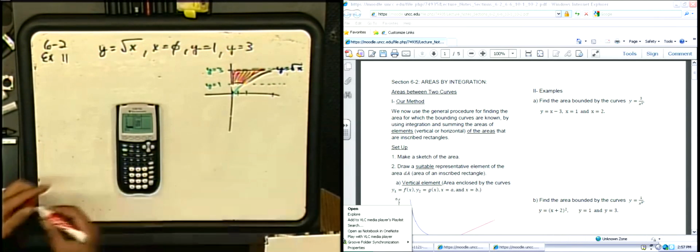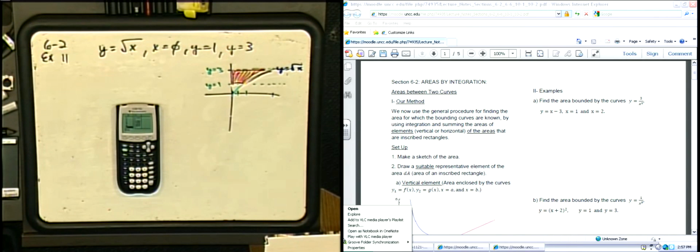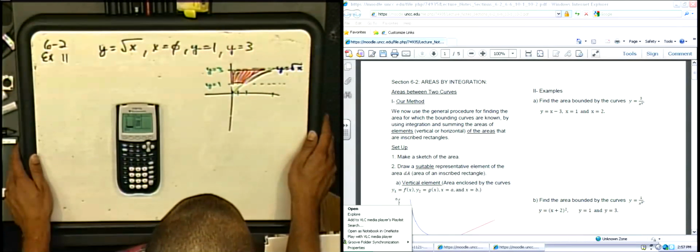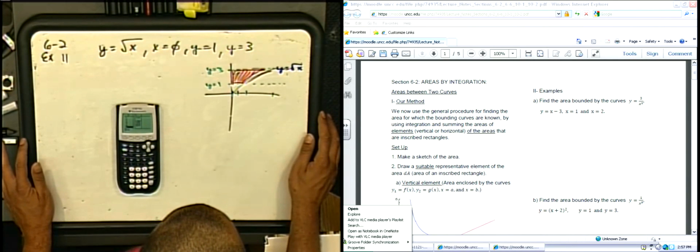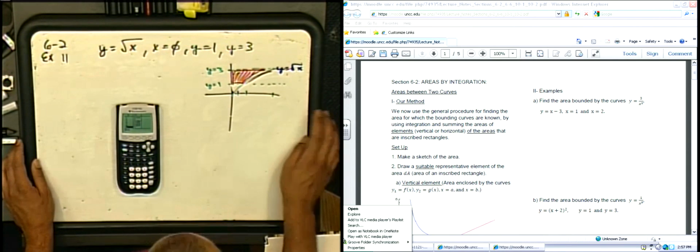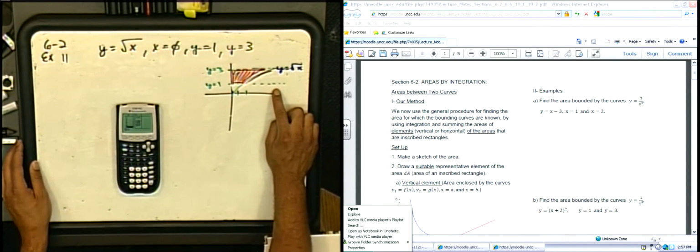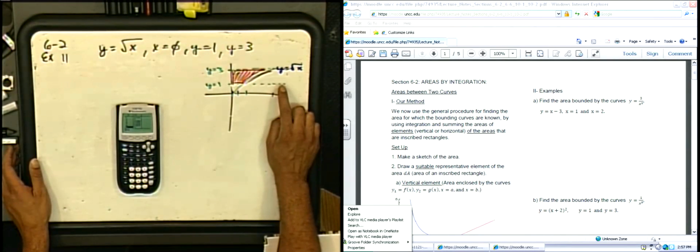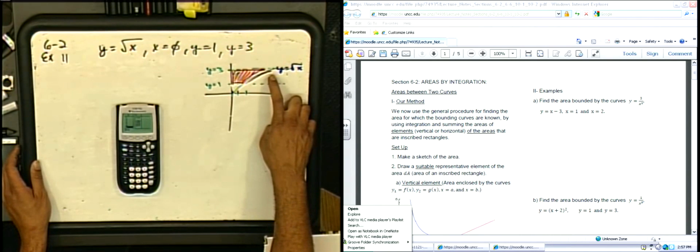So this is the area I'm looking for. Equals 1. This is the upper function.